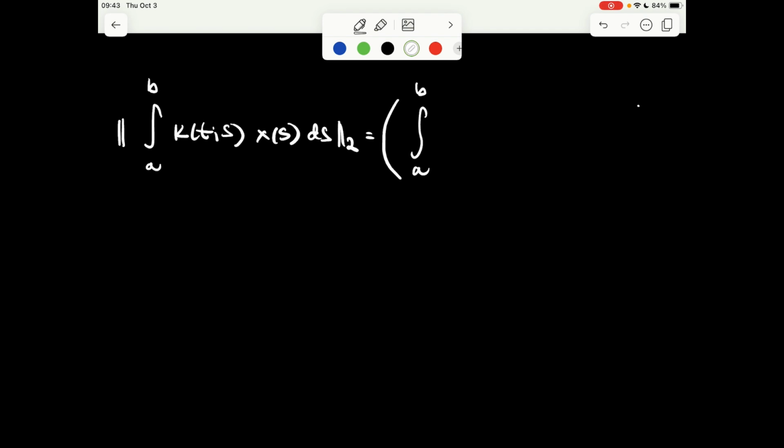So actually, this is the norm applied to the operator.